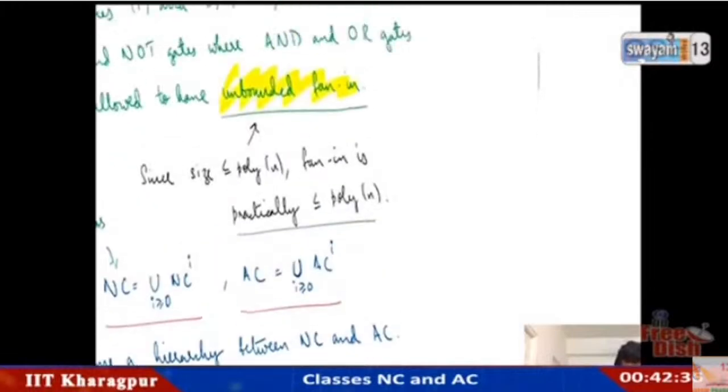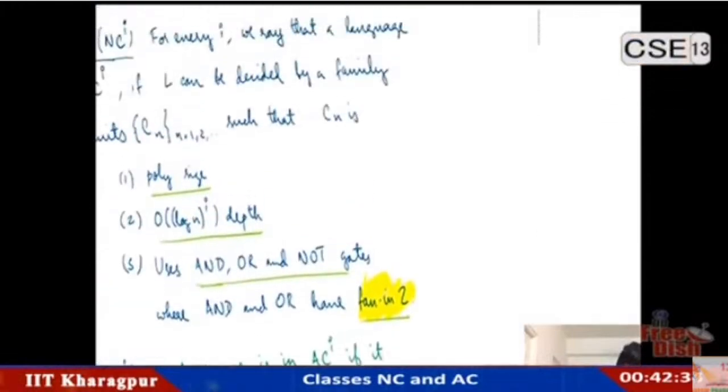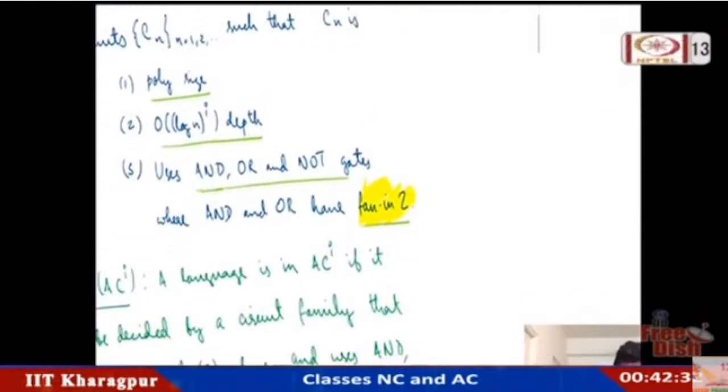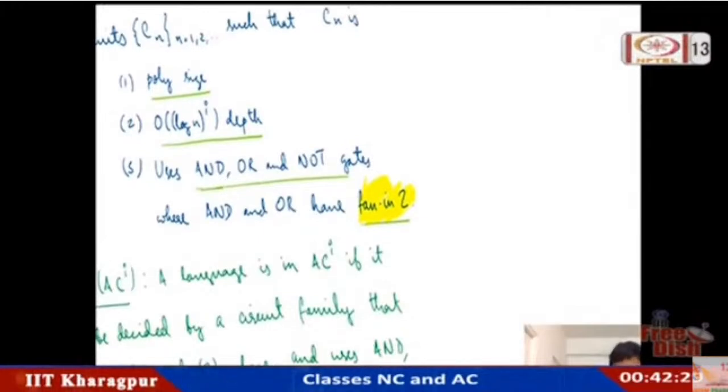The first thing that you may note is that NC and AC are exactly the same, except that AC allows unbounded fan-in. So this tells us that whatever can be done in NC^i can certainly be done in AC^i, because if you have unbounded fan-in, you are not bound to use it.